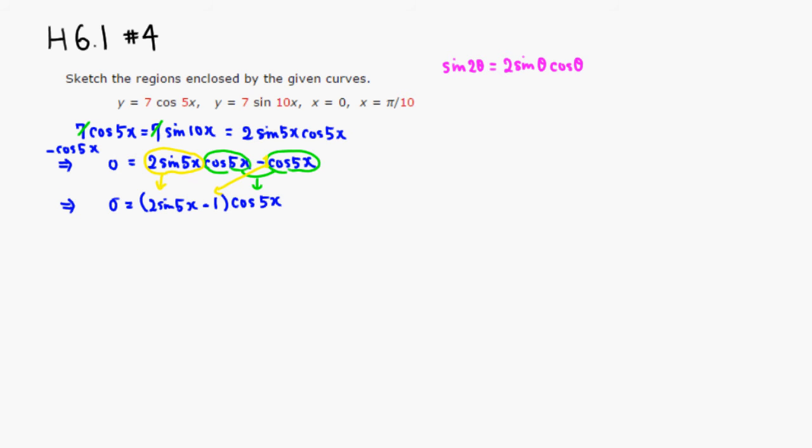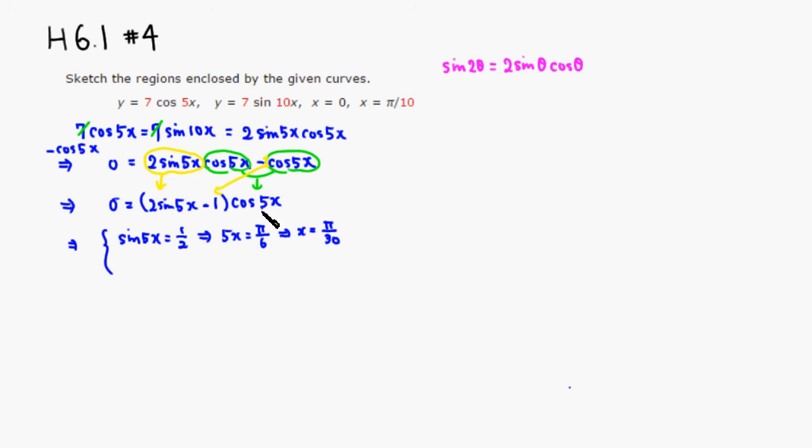Which means that we can set sine of 5x to be 1/2, so that factor is 0. We want sine to be 1/2, so 5x is going to be pi over 6, which means that x is equal to pi over 30.